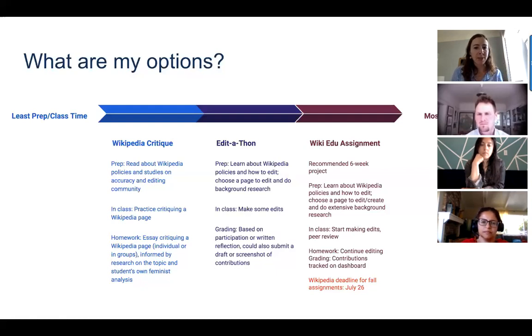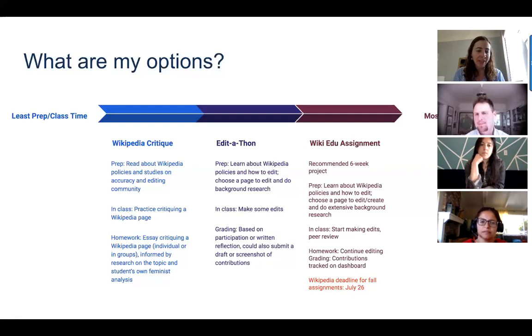They'll need to take some time to choose which page they're going to edit and do some background research, but maybe it's as little as you just require each student to make one sentence of edits, or to add one citation, or maybe in class together, we all work on a sentence as a class and do it live, and everyone can contribute and find research that backs it up.